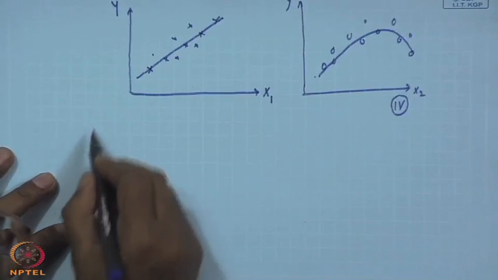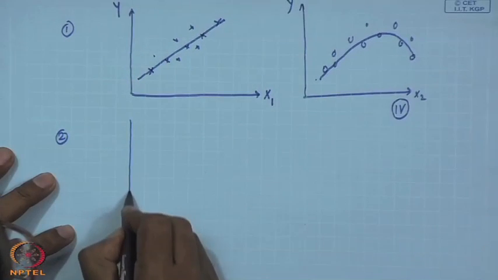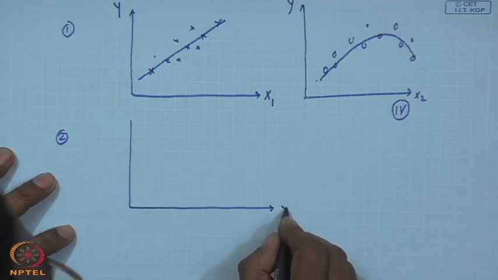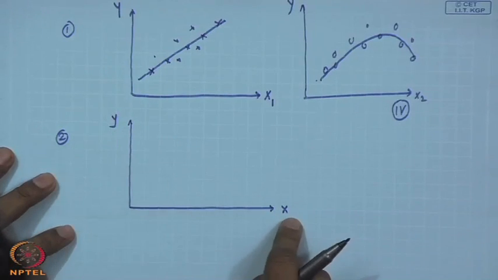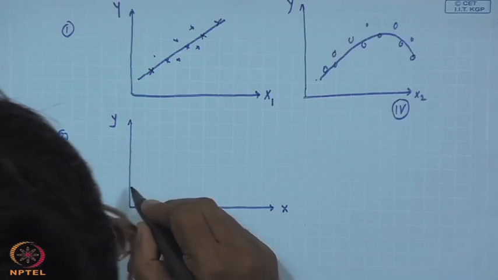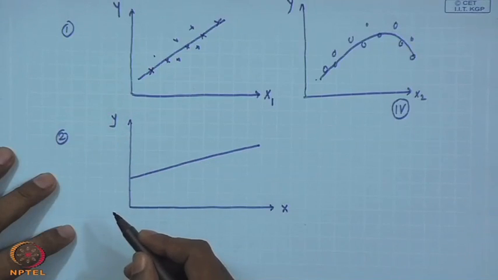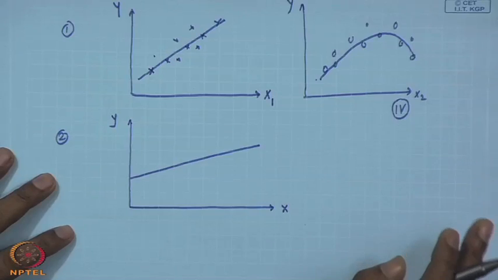The second one is homoscedasticity. I told you just a few minutes back, suppose this is my x, this is y, in two dimensions with one x. Your regression equation, let it be like this. We are assuming that linear fitting is possible.